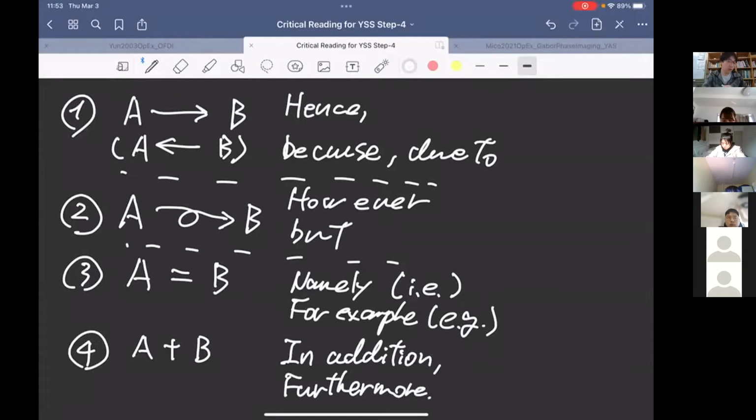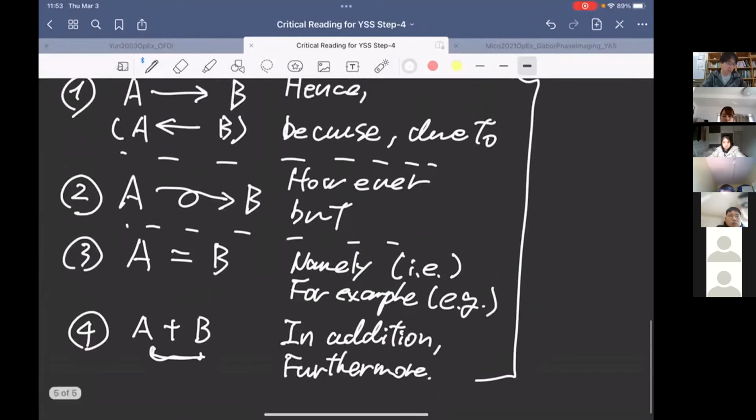Okay, so you can focus on these words for connection. It clarifies your logic. Sometimes the paper doesn't show these words clearly or explicitly, but by carefully checking what they are claiming, you can find a logical structure. And maybe you can use these symbols in the paper. You can write or draw these symbols on the paper.